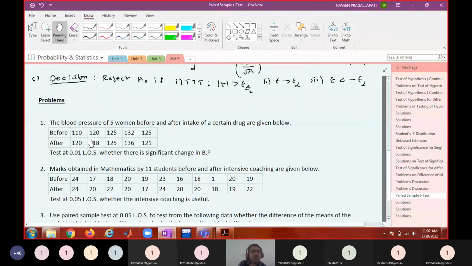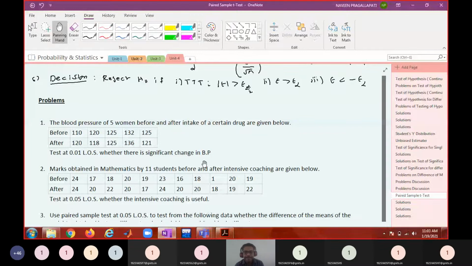I think there will be two measures, systolic blood pressure and diastolic blood pressure, but they have shown only one. And after taking this particular drug, these are the blood pressures. You are asked to test at 0.01 level of significance whether there is a significant change in the blood pressure.